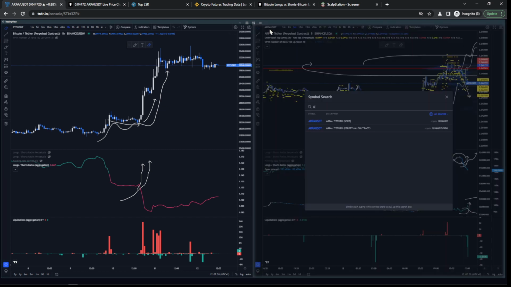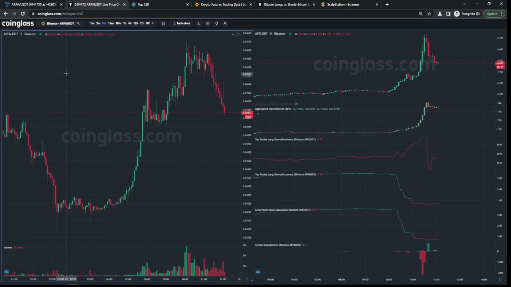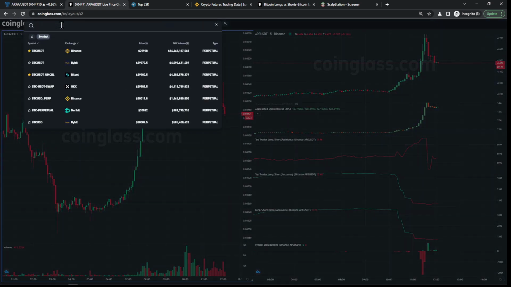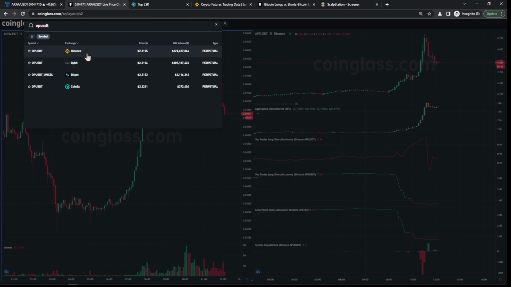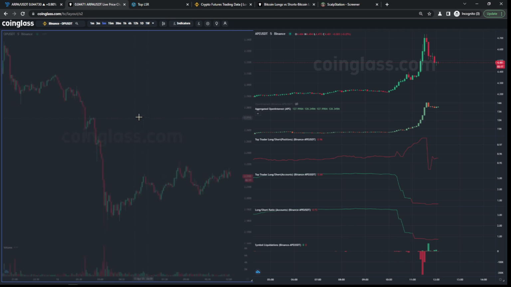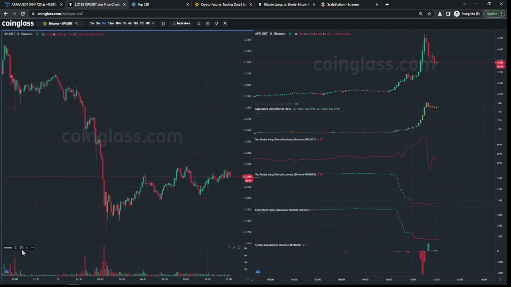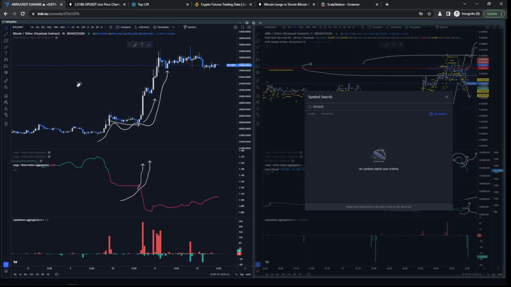For example, Optimism USDT, they don't have. So we need to come here and open it in Coinglass. Coinglass has all the tools. They have all the coins.